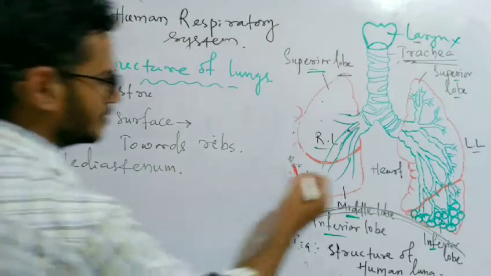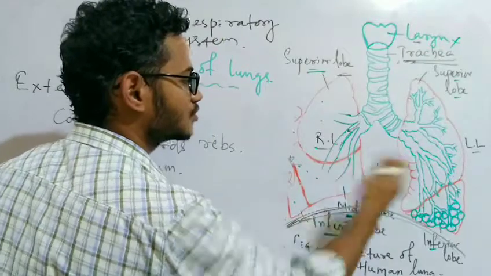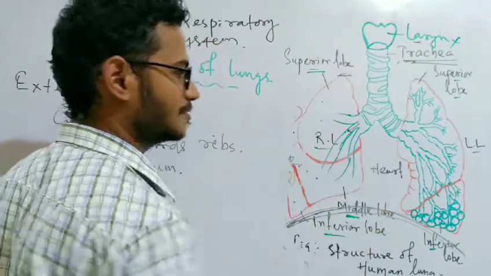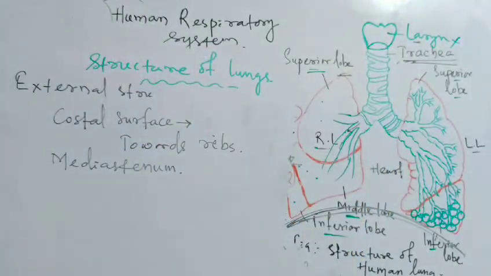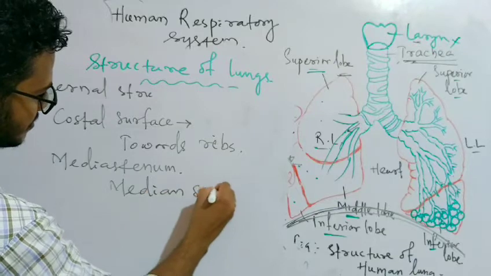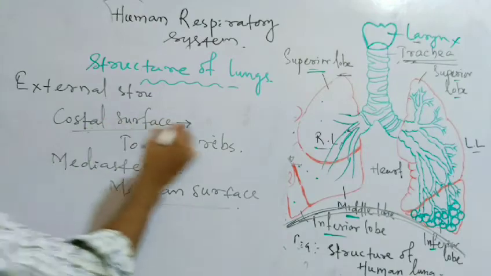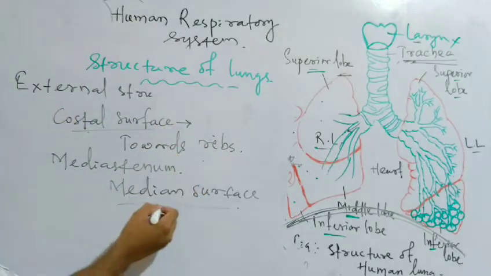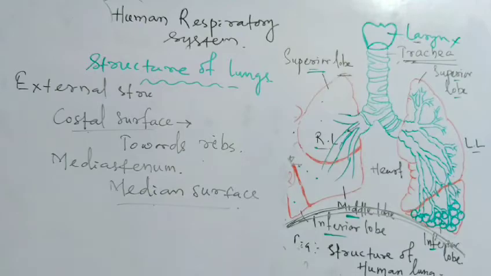The part of the lungs that face one another, this place is known as the mediastinum, where the heart is located, and the surface that faces towards this is known as the median surface. Okay, median surface and costal surface. Costal surface is towards the ribs, median surface is towards the mediastinum.